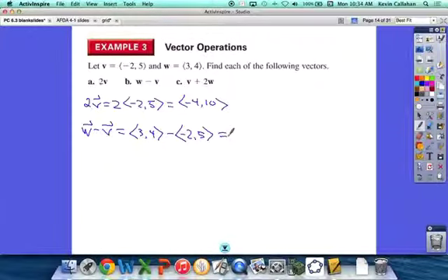So just subtract, right? 3 minus -2. 4 minus 5. Which is <5,-1>.